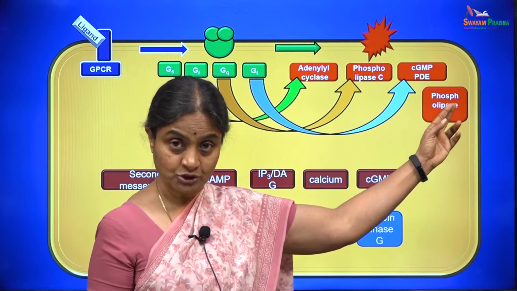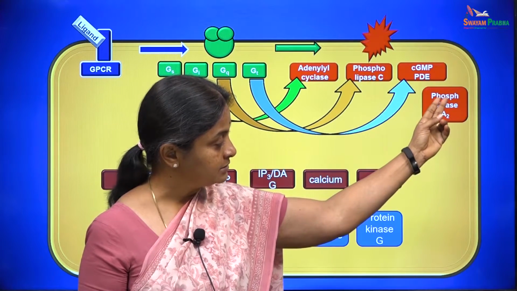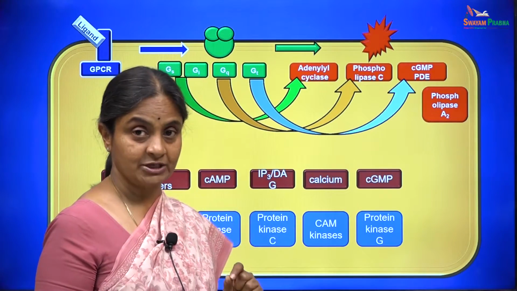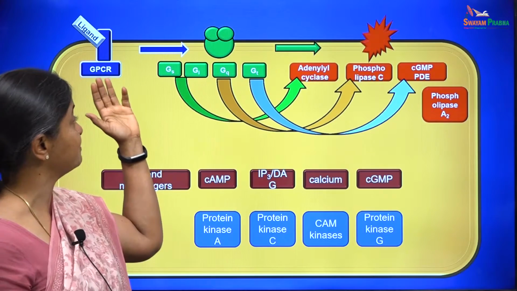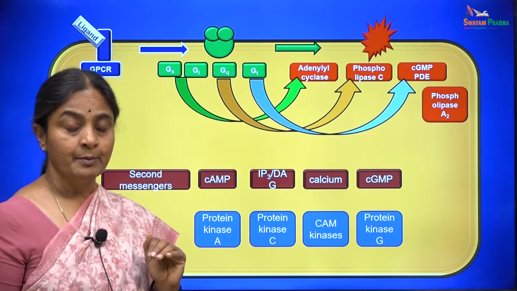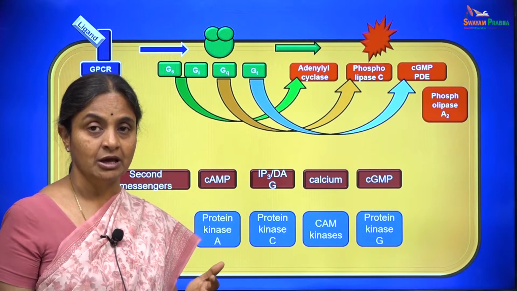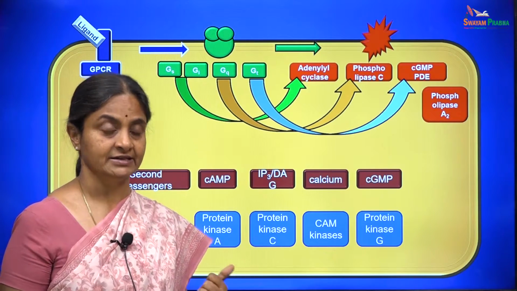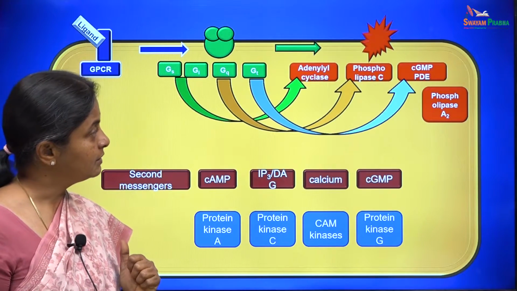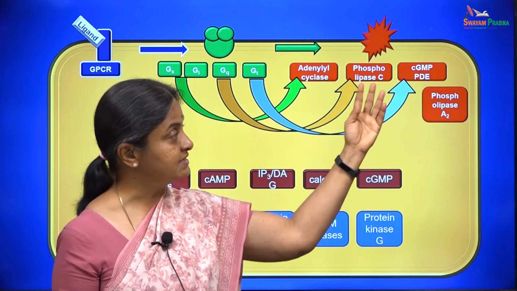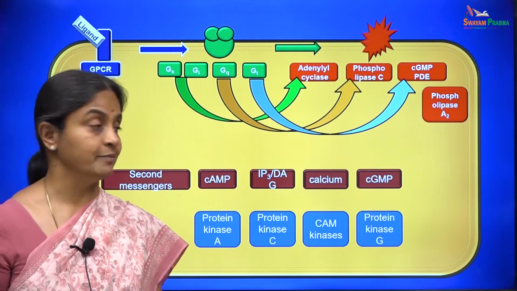Phospholipase A2 is also a membrane enzyme, and it seems to be activated by a G protein coupled mechanism as well, but the details of the G protein are not very clear, at least to me yet.